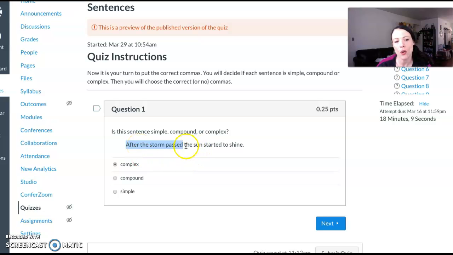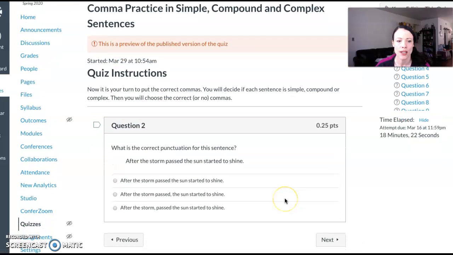And then we have a whole other clause here, our independent clause. The sun started to shine, subject, verb. Okay, so next. Like I said, our dependent clause was first, so we will choose this option with the comma after the dependent clause before our main subject.